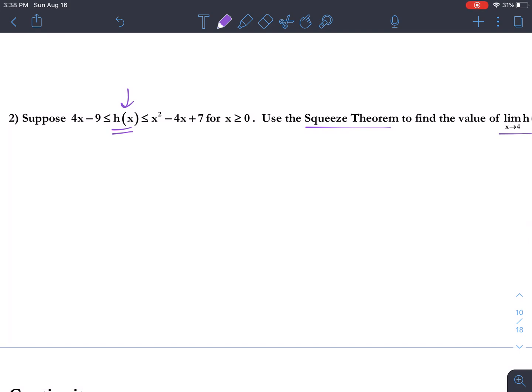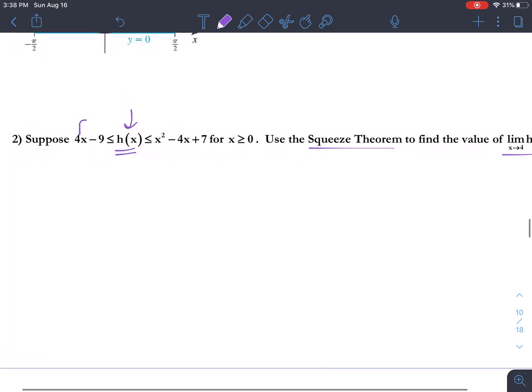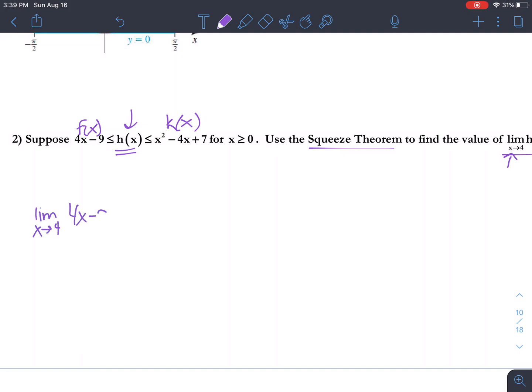But it's some function that's specifically in between. Let's call these f of x and, no, we're not going to call it h of x. How about k of x? Because h of x is already used here. Okay, so let's actually find the limit. As x approaches 4, what happens for 4x minus 9?